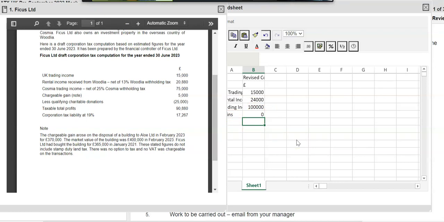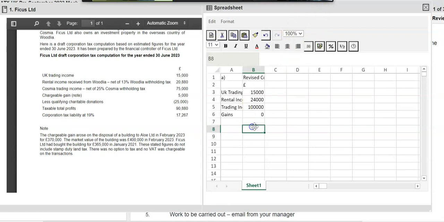That's it. These were all the incomes, right? So after this, I will be totaling all the incomes. I will make a sum, and now this is your total profits. Now from this I will be deducting qualifying charitable donation, that was 25,000, right?